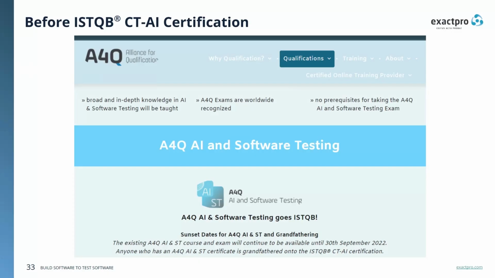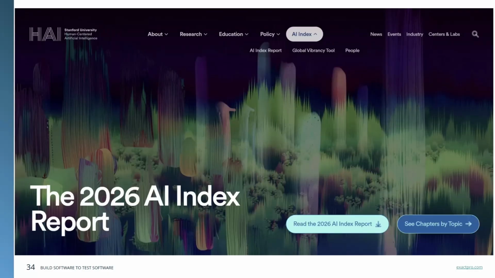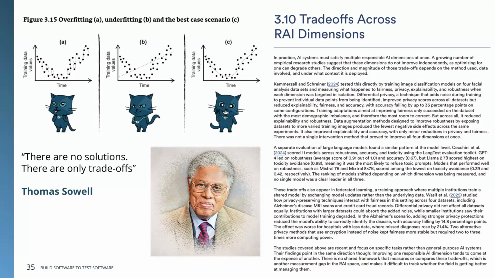And one of the biggest omissions is the concept of the bias-variance trade-off. Somehow it never managed to get into the syllabus.